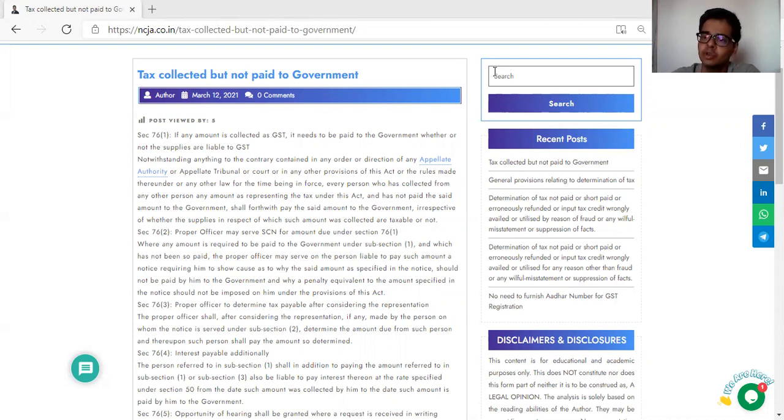Because there was no GSTR 2A or any other tool available to the recipient by which he could actually go and verify the details. Now, with the availability of Form 2A, it is very difficult that the supplier can actually hide such details.